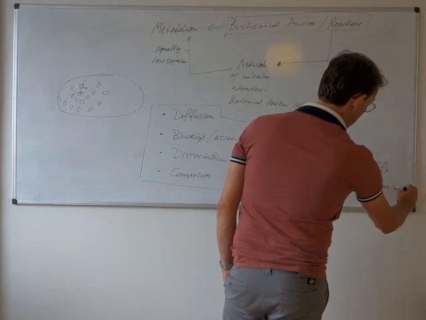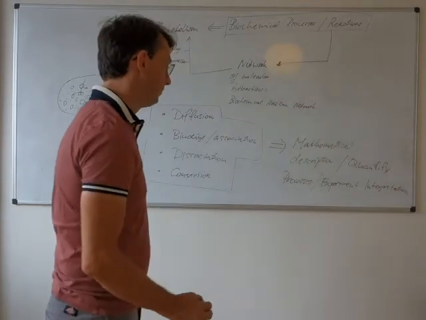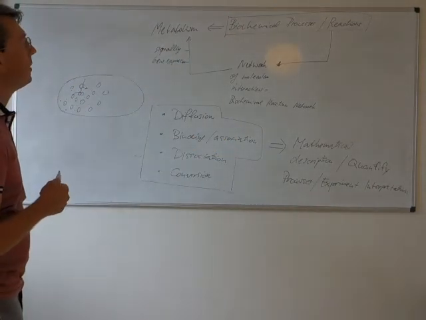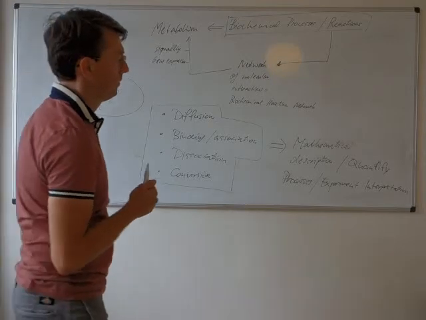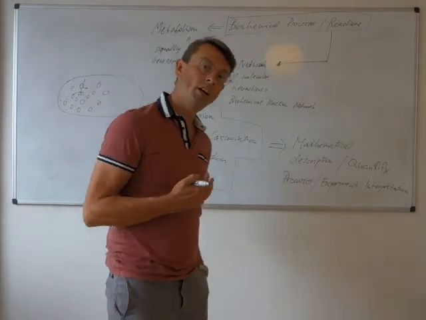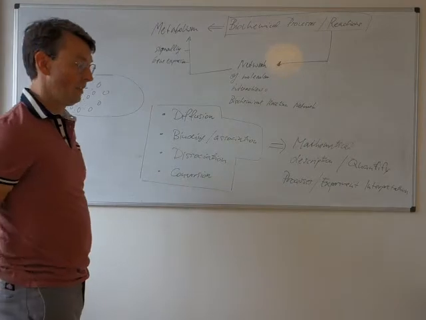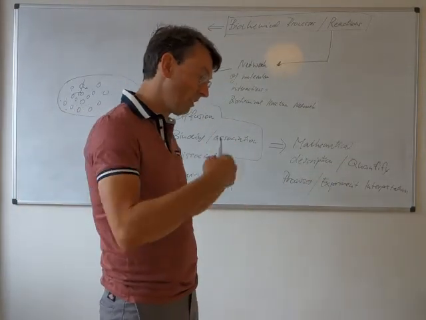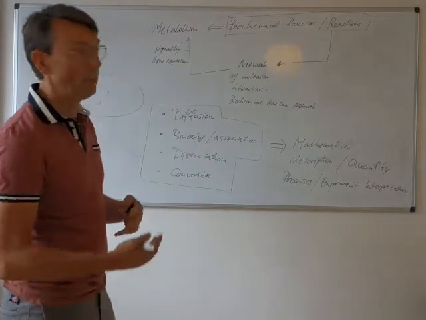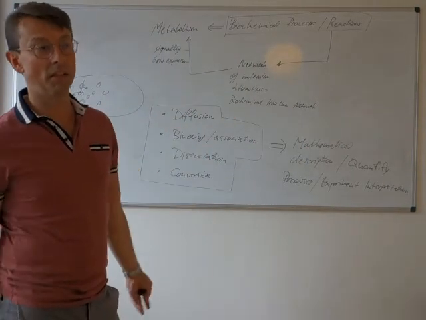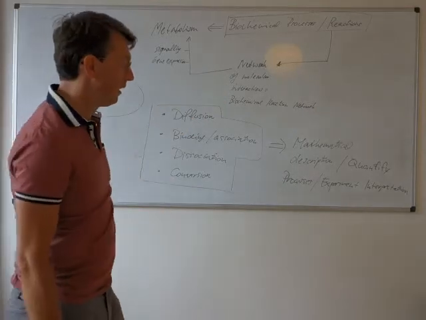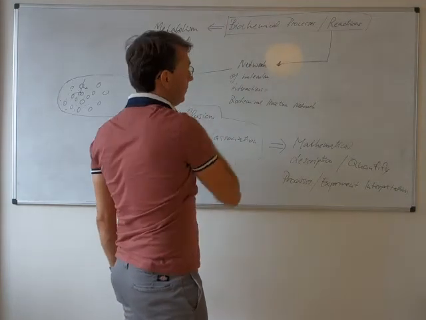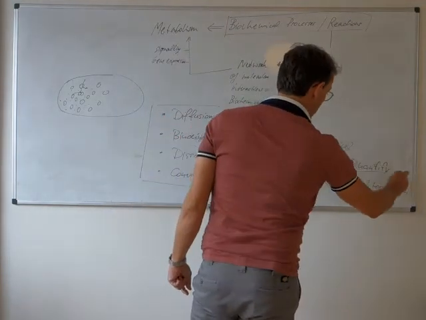So for an experimental interpretation, we need standard concepts for biochemical processes. And since these processes are quantitative, so one process is a little bit faster than the other one, it's about exact concentration, it's about exact rates of reactions. We cannot do this qualitatively just by saying faster or slower, but we really want to associate numbers to the activities of these processes, so we need to quantify them.